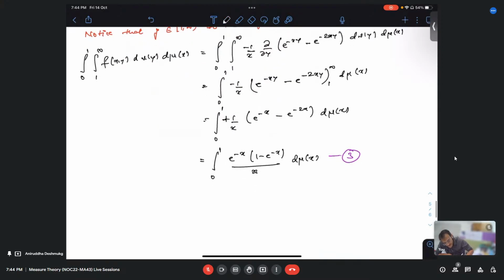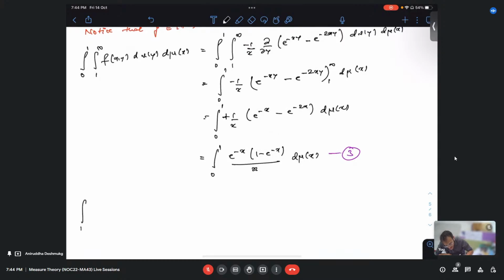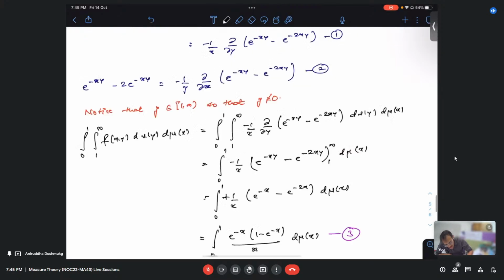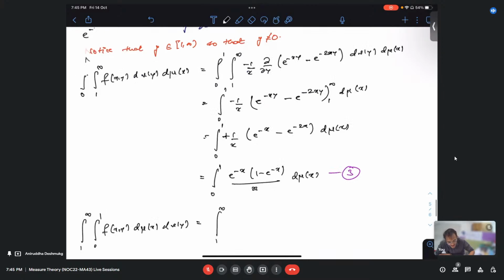Now, integral 1 to infinity, integral 0 to 1, f of xy, d mu x, d nu y. Let us try to calculate this. Again, using equation 2, this is minus 1 over y, derivative of something.